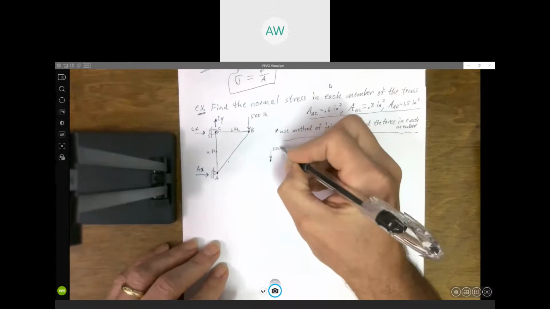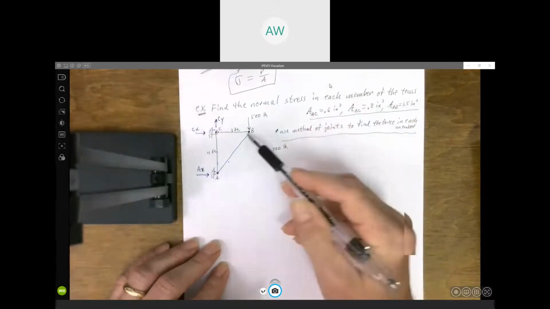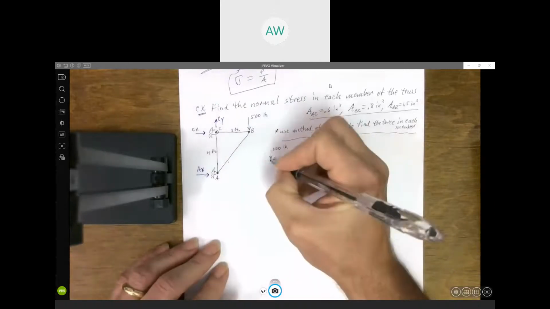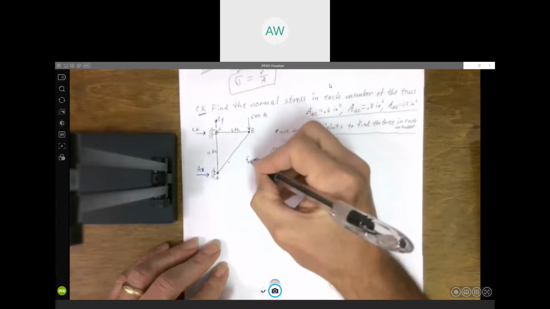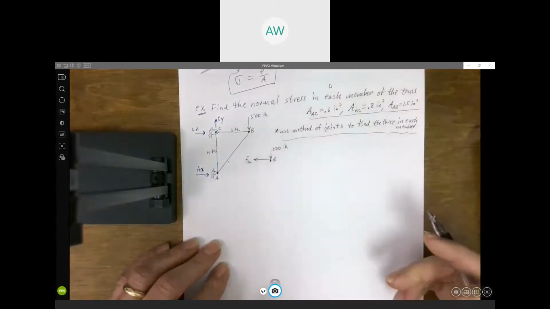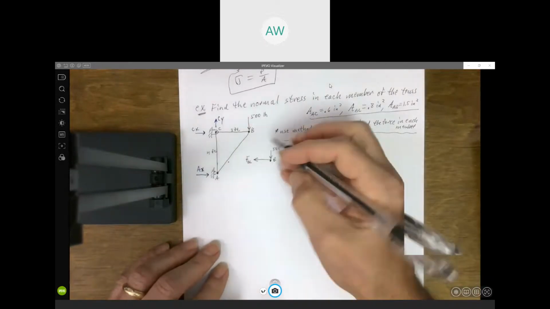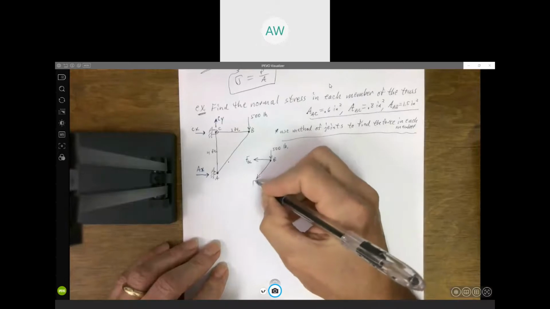We have our applied load of 500 pounds. And we've got the force in member BC. BC is horizontal. It's a 2-force member. The force is going to be horizontal. Likewise, the force in AB is going to be going in the direction of AB.